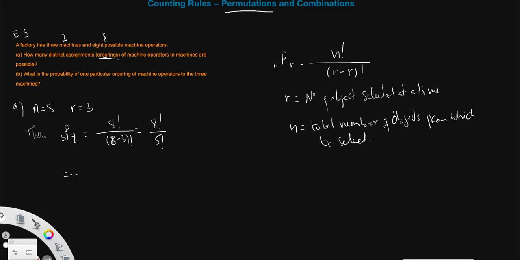Well, if you don't have a calculator, or your calculator doesn't have that option, this is where you go 8 times 7 times 6 times 5 times 4 times 3 times 2 times 1 divided by 5 times 4 times 3 times 2 times 1. Okay, and what you have is 336 permutations.